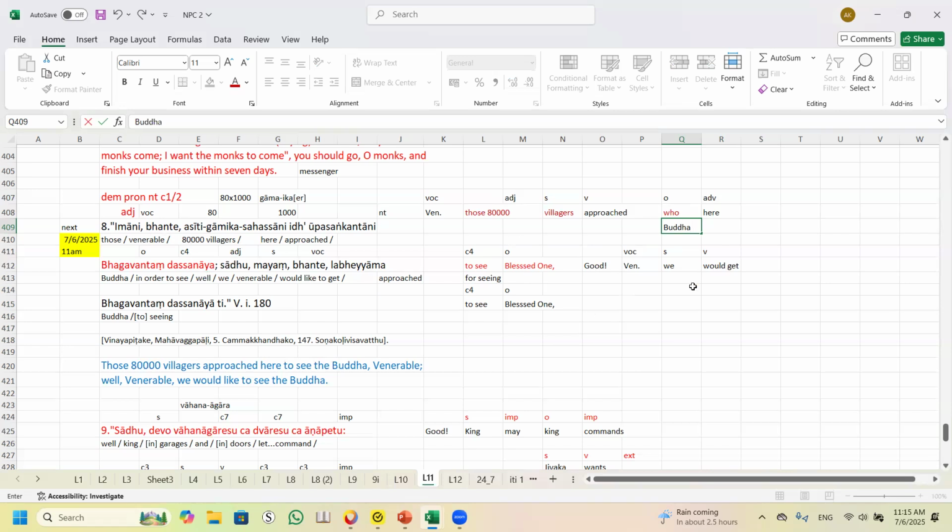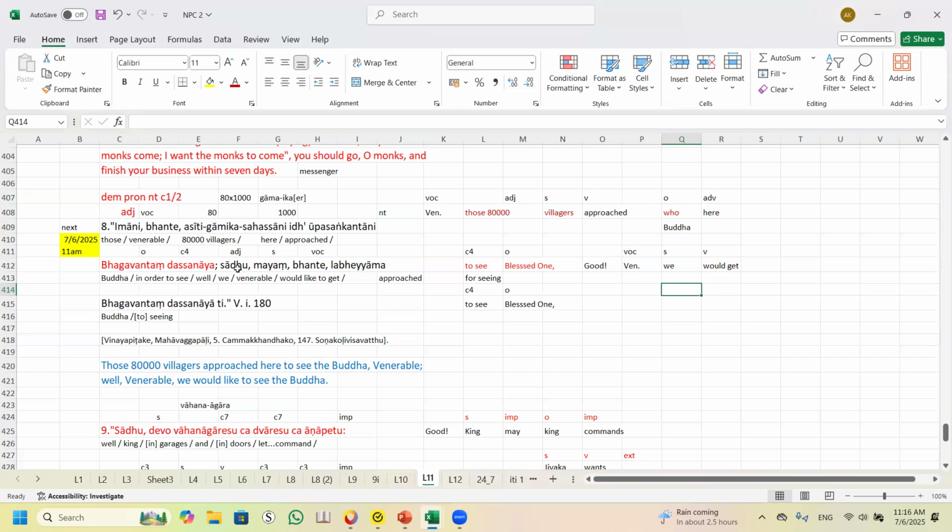You can use this line: those 80,000 villagers approached to see the Buddha. Here we put to see, taking this as an infinitive, or for seeing the blessed one or the Buddha. So this is how you translate one choice and two choice. Remember one or two choice.